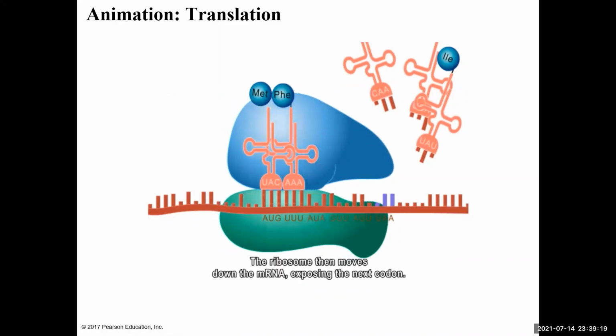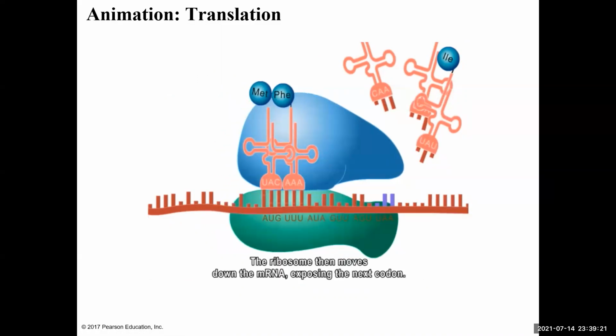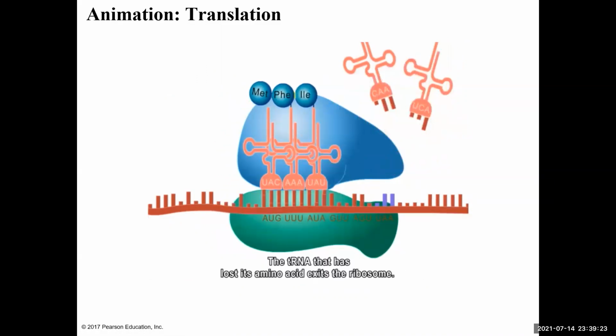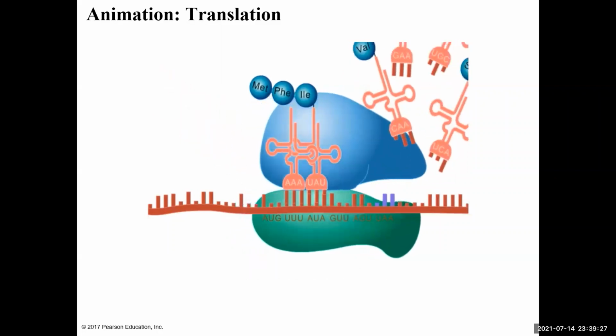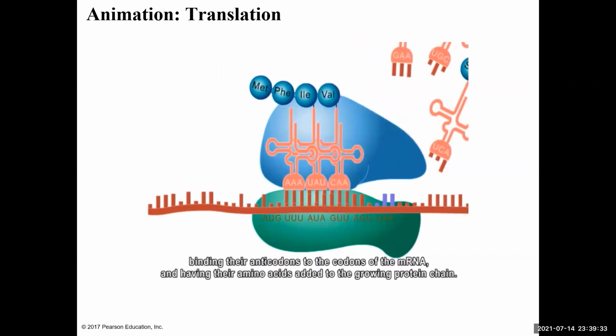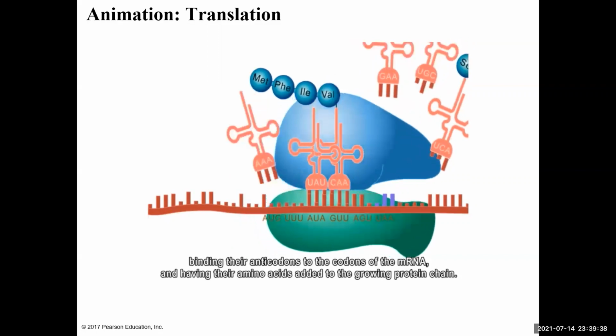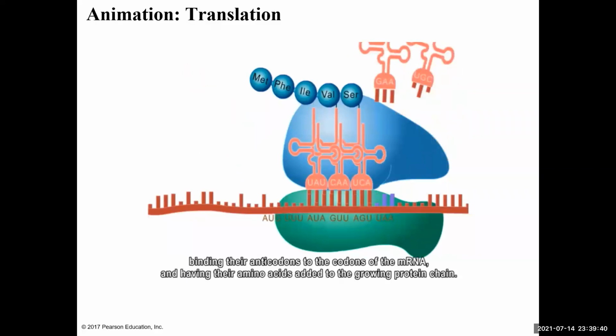The ribosome then moves down the mRNA, exposing the next codon. The tRNA that has lost its amino acid exits the ribosome. This process continues with tRNAs bringing in new amino acids, binding their anticodons to the codons of the mRNA, and having their amino acids added to the growing protein chain.